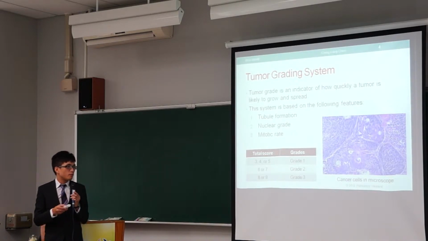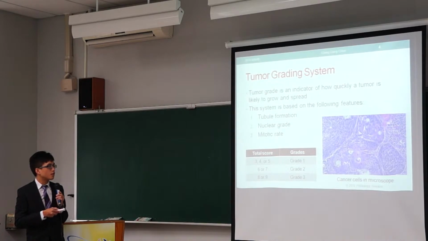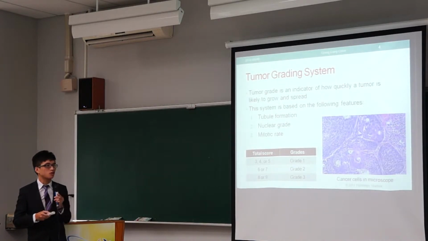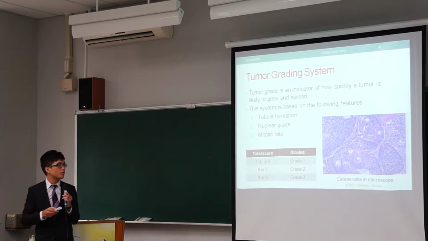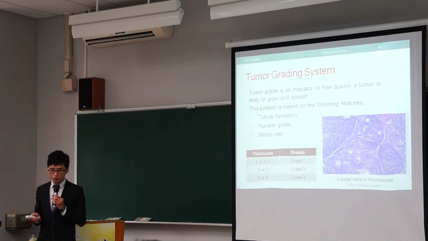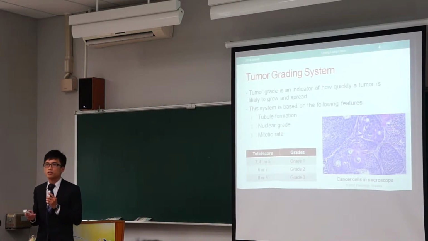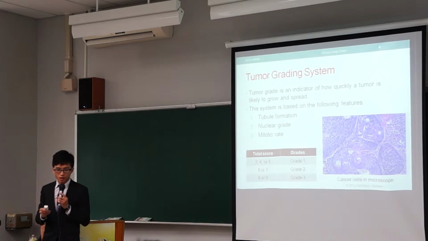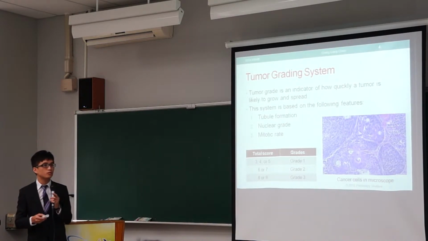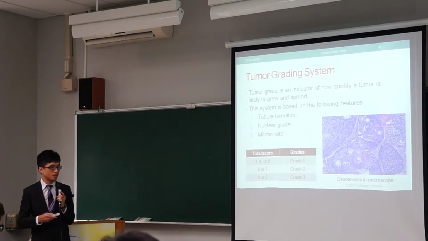So the pathologist will add the 3 feature scores together to determine the tumor grade, like this table. If a tumor is high grade, the tumor can grow and spread quickly. So a patient with a high grade tumor requires more aggressive treatment.